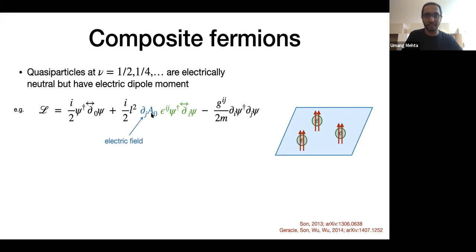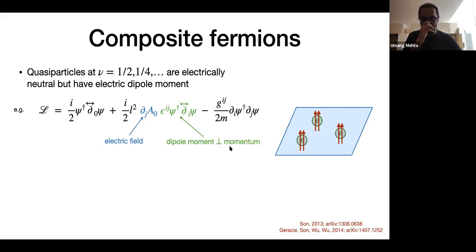So this object in blue is the electric field, which means that this object in green can be interpreted as the dipole moment of the system of composite fermions. So you get this sort of dipole coupling E dot D. However, notice that because of this epsilon ij, the dipole moment is in fact perpendicular to the momentum of these composite fermions.